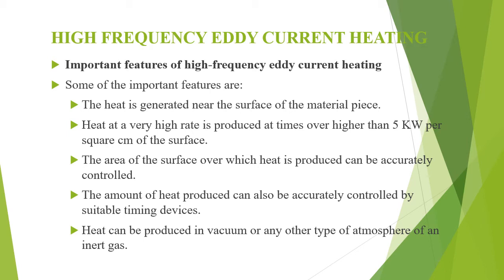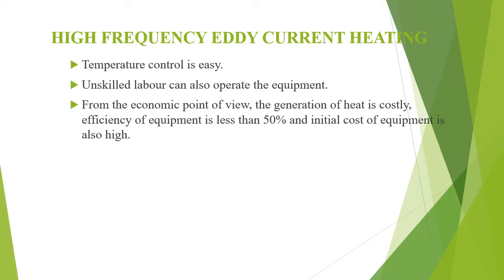Heat can be produced in vacuum or any other type of atmosphere of inert gas. The temperature control is easy. Unskilled labor can also operate the equipment. However, from an economic point of view, the generation of heat is costly, the efficiency of the equipment is less than 50%, and the initial cost of the equipment is also high.